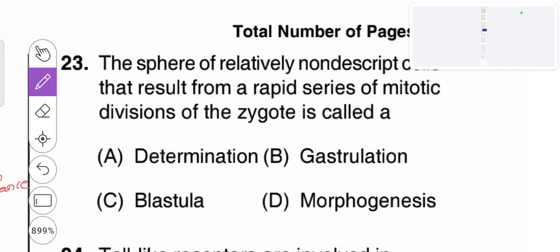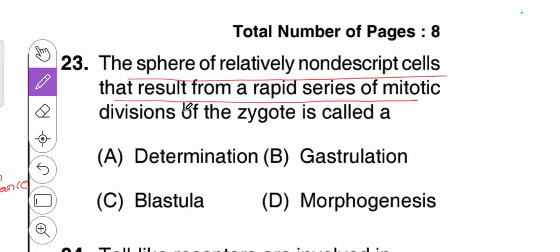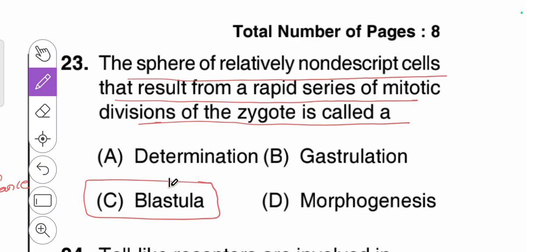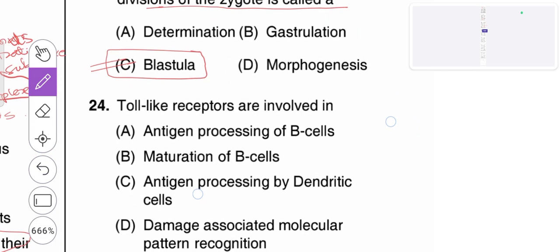Then 23rd, the sphere of relatively nondescript cells that results from a rapid series of mitotic divisions of a zygote is called as. So repeated division of the zygote results in the blastula. So C is the right answer.